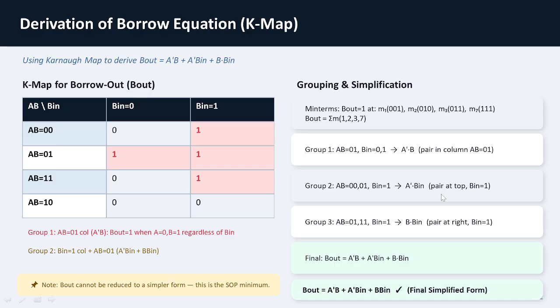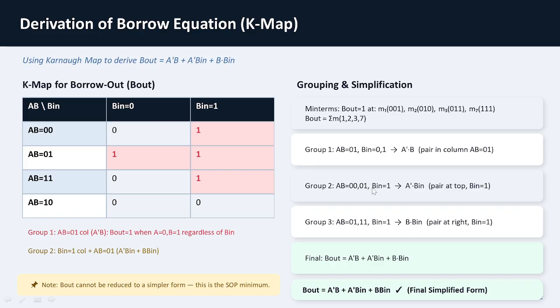So how to write this equation? Why are you writing this equation? Because what you have here is AB as 00, 01, right?